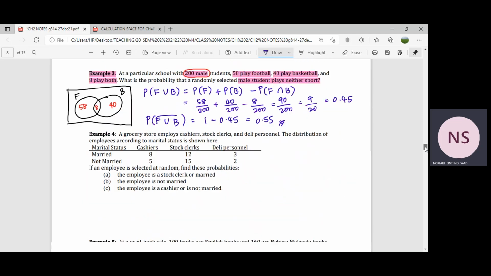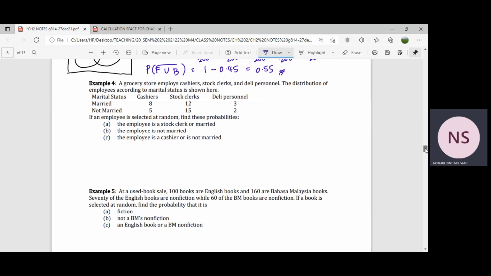And the next is example number 4, where a grocery store employs cashiers, stock clerks and daily personnel. The distribution of employees according to marital status is shown here. This is the cashier, stock clerk and daily personnel, married and not married.